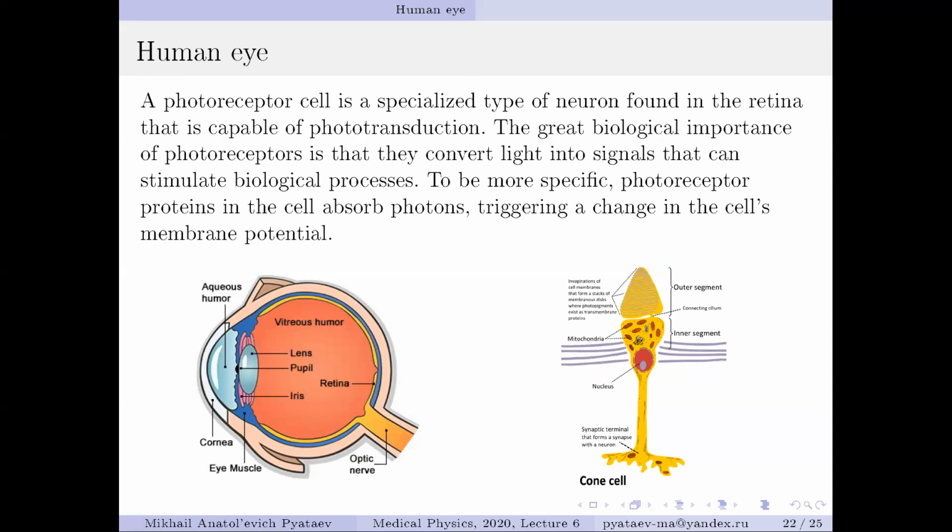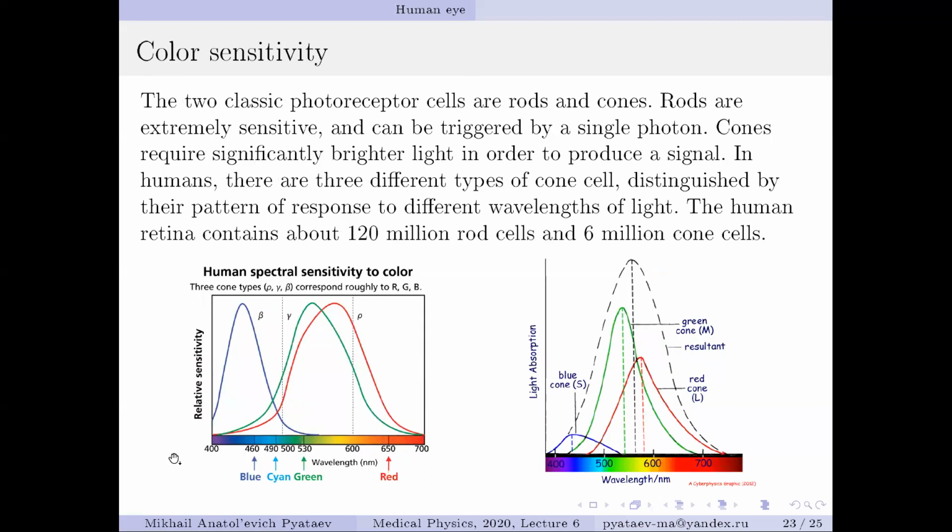And once again, how can we differ different colors? It is based on the appearance of three different cone cells. Each cone cell is responsible for its own wavelength. And here is a schematic representation of sensitivity for different types of cone cells. These two pictures represent the same quantity, but in different normalization.